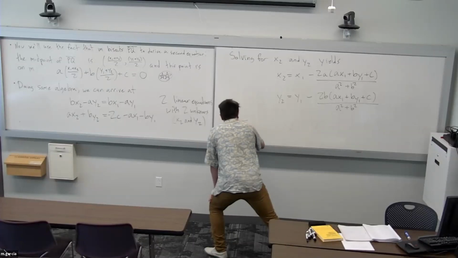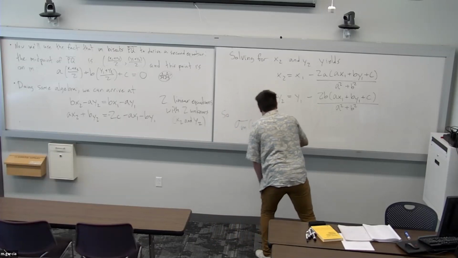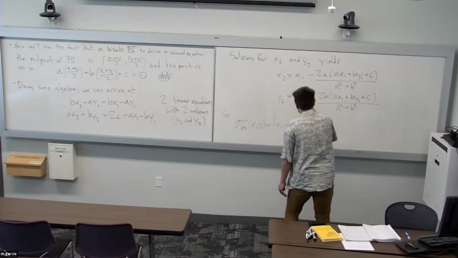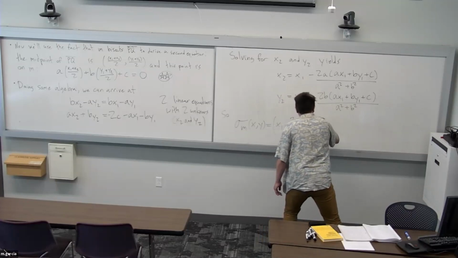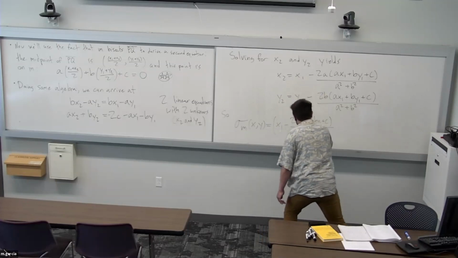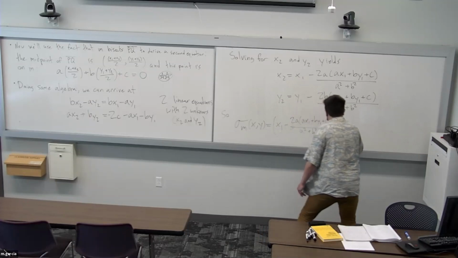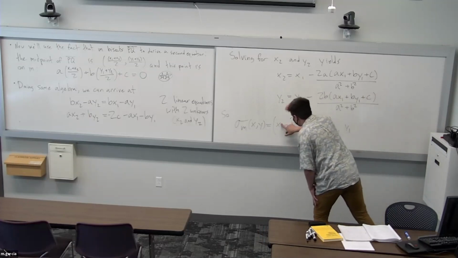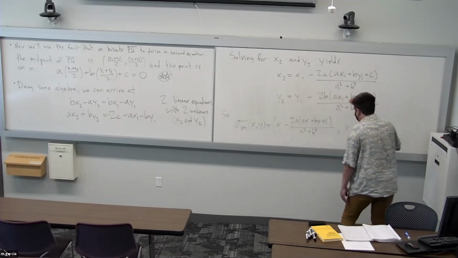So sigma sub m of x comma y is just equal to x minus 2a times ax plus by plus c all over a squared plus b squared, comma, y minus 2b times ax plus by plus c all over a squared plus b squared. Sorry, no ones. That was the point of rewriting. We could eliminate the subscripts now.